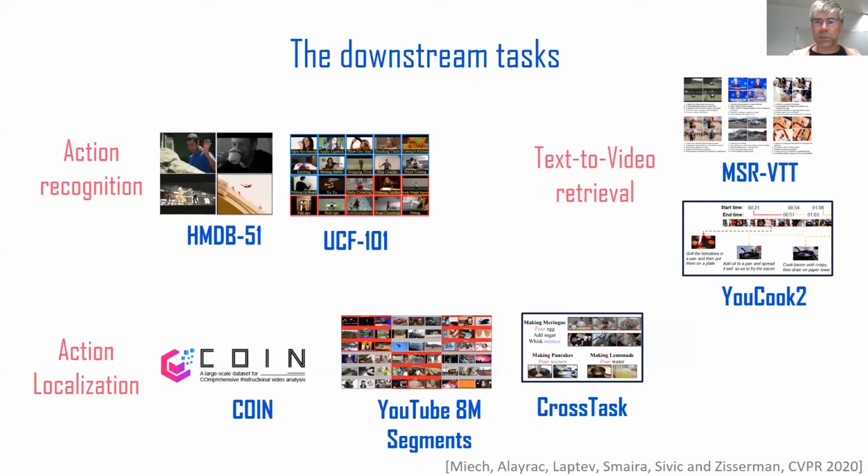So the architecture is here. We have a 3D CNN for the videos, with 32 frames as input at a given number of frames per second.